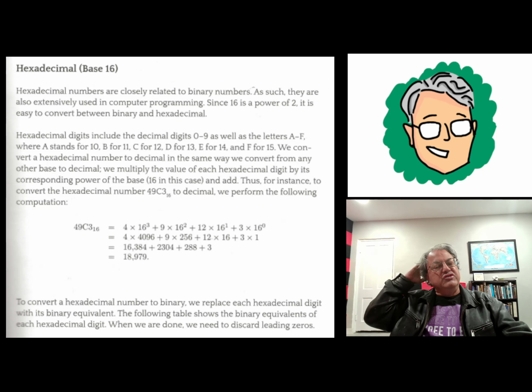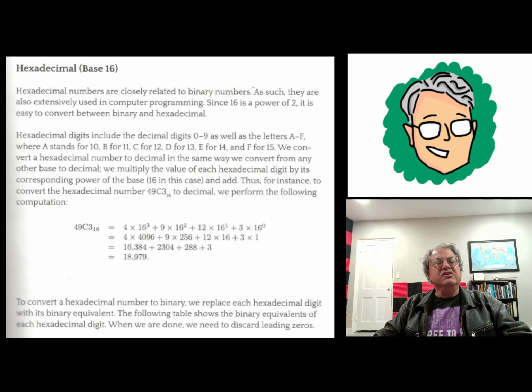So we have to do 4 times 16 cubed. That takes care of the 4. The next hex digit is 9, so we multiply that by 16 squared. And then C represents 12, so we multiply 12 by 16 to the first, or just 16, if you like. And then the last hex digit is 3, so we just leave that alone: 3 times 16 to the 0.